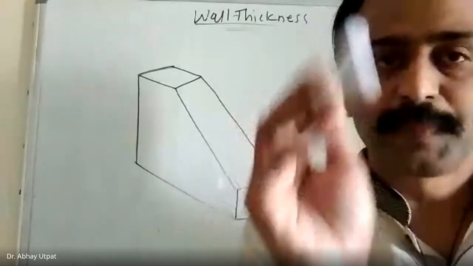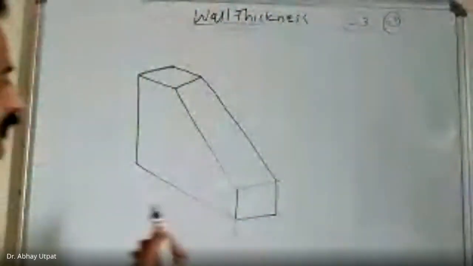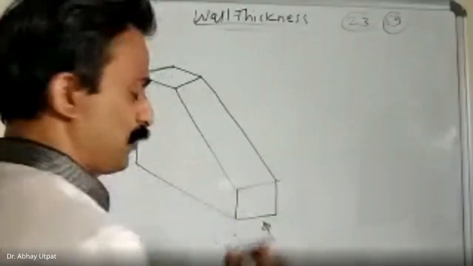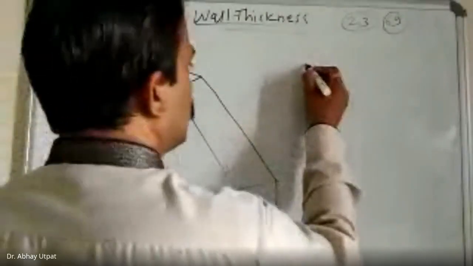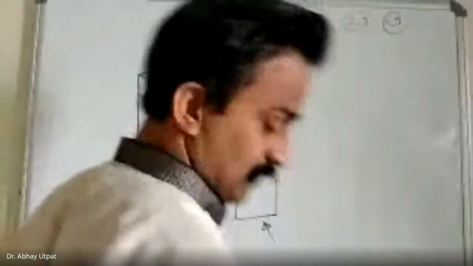Now see how I am modifying it. See here. If you draw this component from the front view, I have shown the arrow. What will be the front view of this component? This simple rectangle.